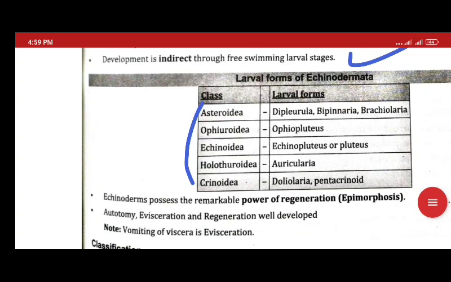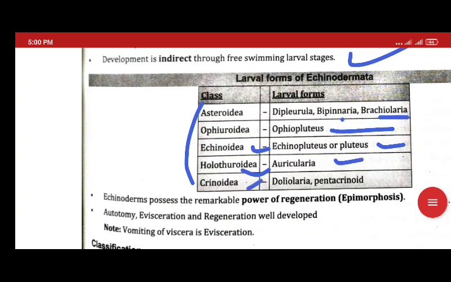In Asteroidea, we have the larval forms Bipinnaria, Brachiolaria. Ophiuroidea contain Ophiopluteus. Echinoidea contain Echinopluteus. Holothuroidea contain Auricularia.